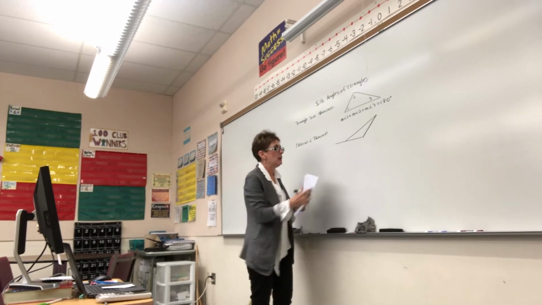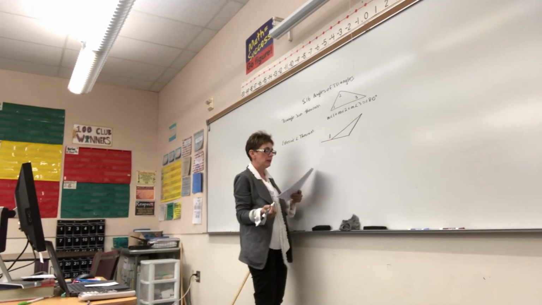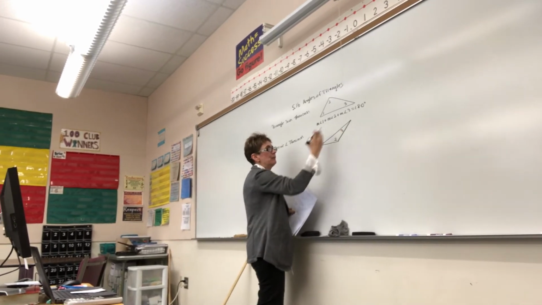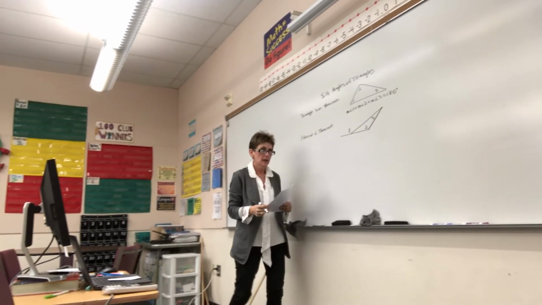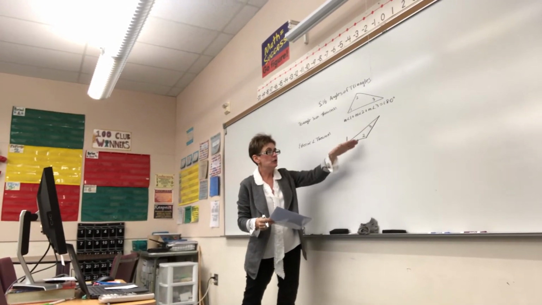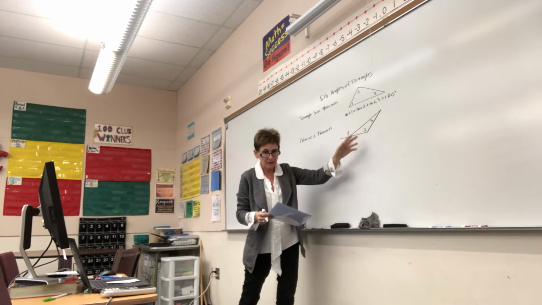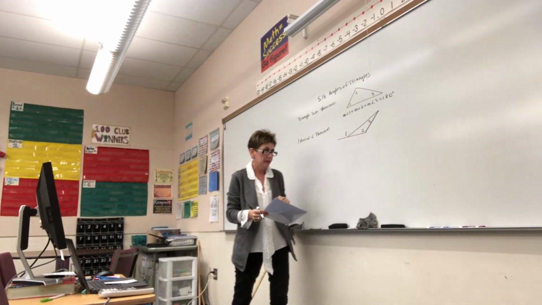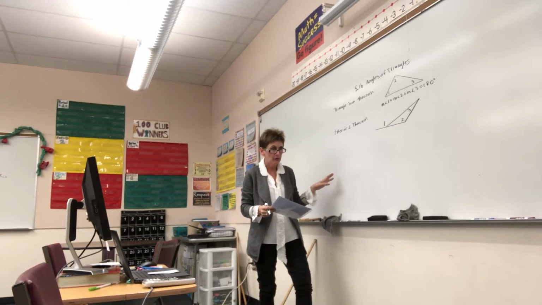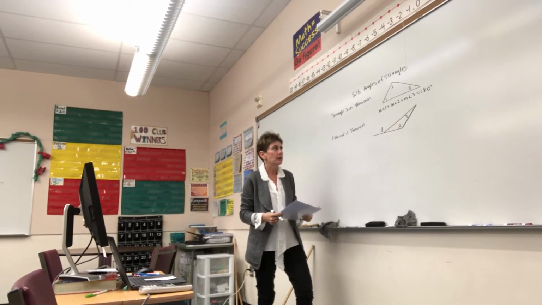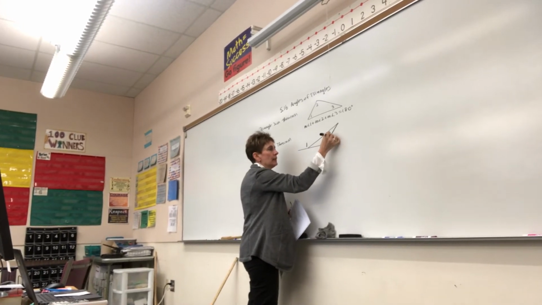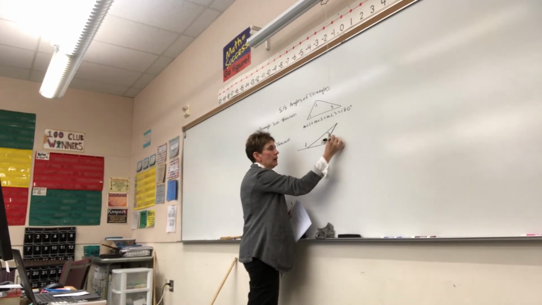So let's say I wanted to label my exterior angle here 1, and then the 2 on the inside furthest away from that we will label 2 and 3. So angles 1, 2, and 3, but 1 is an exterior angle, and then 2 and 3 are what's called the remote interior angles.